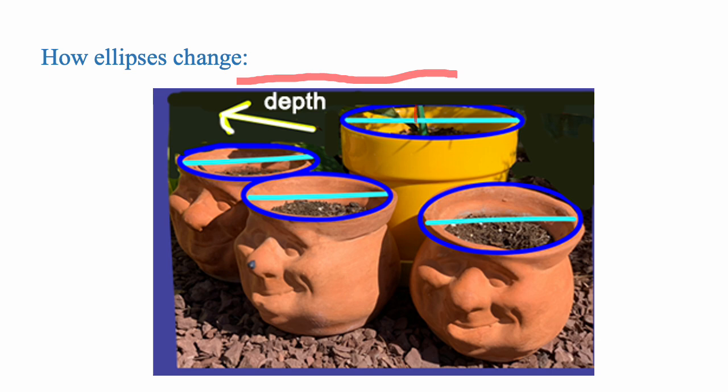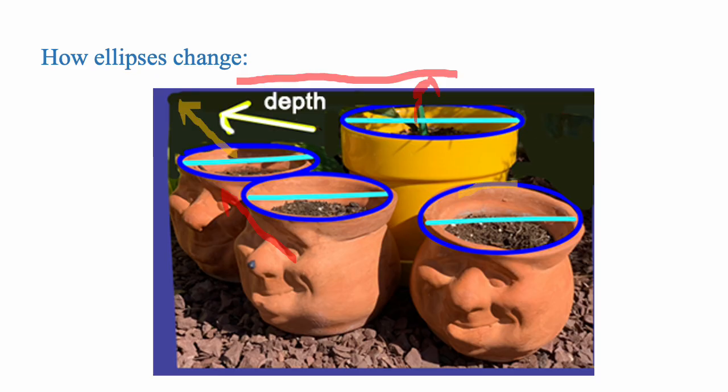The yellow vase is taller than the rest, so its ellipse is pushed vertically up close to eye level, and it narrows quickly because the vertical direction is the shortest path to eye level. When the two smiling flower pot men, I never thought I'd say those words, recede in the distance, the ellipses follow a diagonal direction toward depth, and these ellipses narrow more gradually since they follow a longer diagonal course toward eye level.